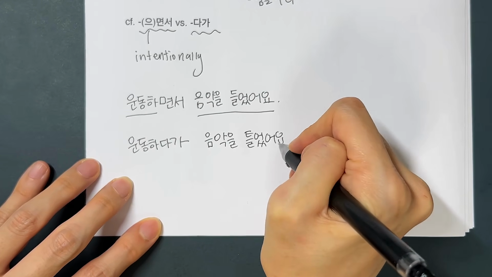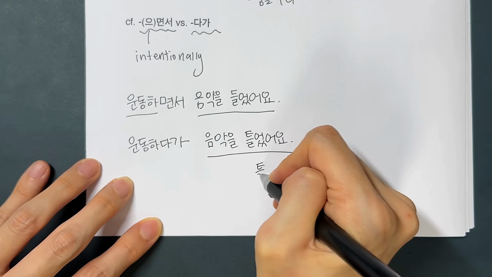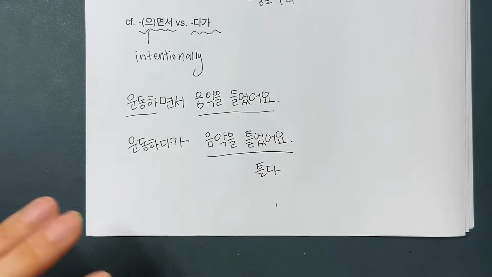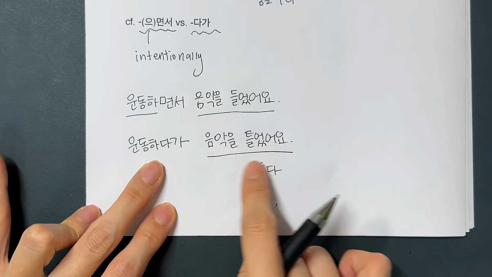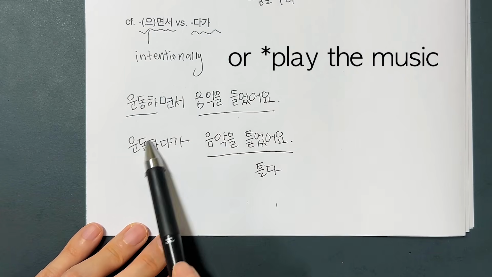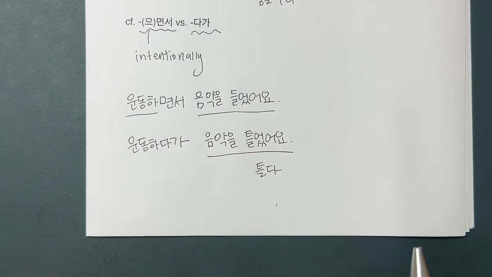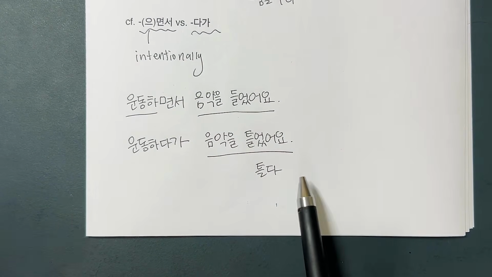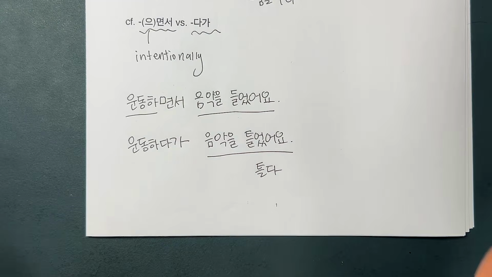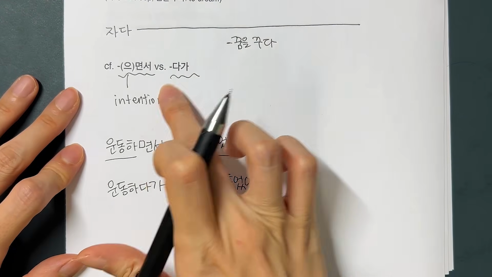This time a different verb is used, which is 틀다, meaning to turn on. So while you're exercising, you turn on the music. This sentence suggests that you didn't originally plan to play music, but you ended up doing it during the workout. So that's the main difference between 으면서 and 다가.